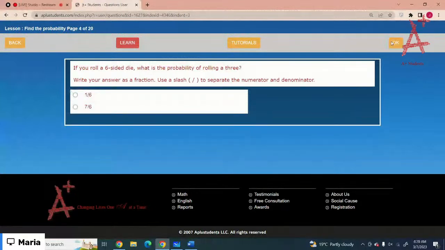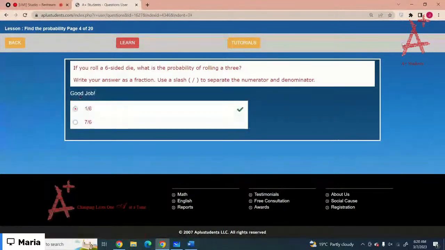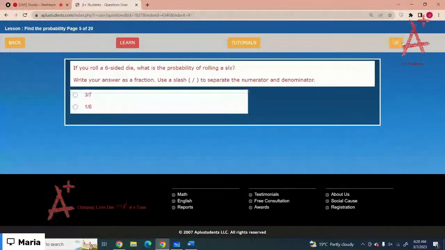If you roll a six-sided die, what is the probability of rolling a 3? Which is the correct option? Yes, it is 1 over 6. Very good. Okay, the next one is, if you roll a six-sided die, what is the probability of rolling a 6?